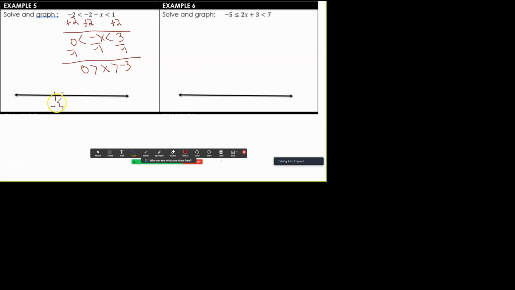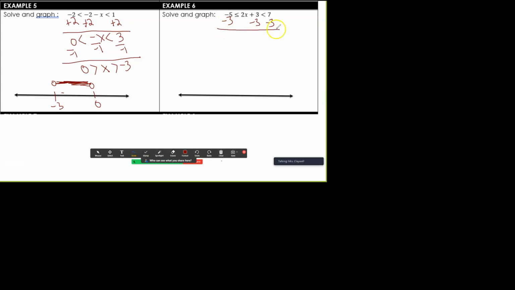So I have -3, I have 0, x, 0 is greater than x, and x is greater than -3. So I'm going to be in between -3 and 0.